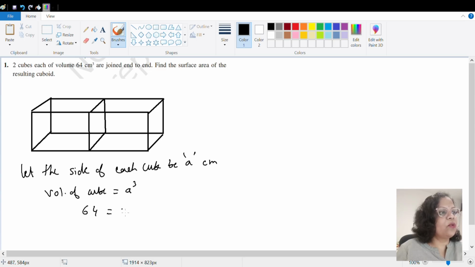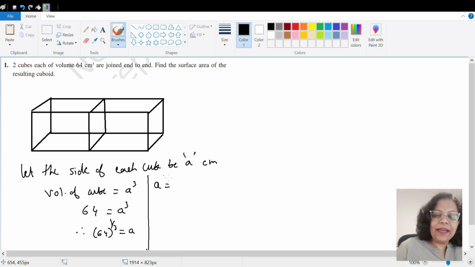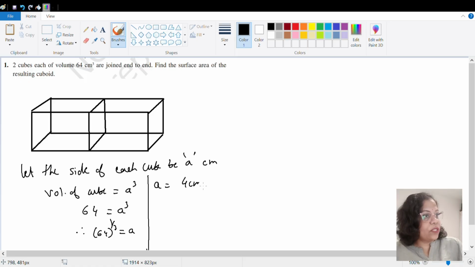This volume is given to us as 64. So what will be the a? So you will take the cube root of 64, that is equal to a. That means a, that is the side, will be equal to 4 centimeter. So now you can see this is 4, this is 4, this one is 4, everything is 4 here.